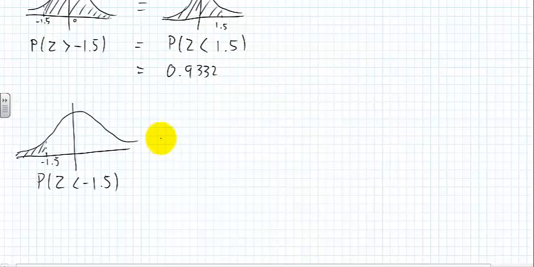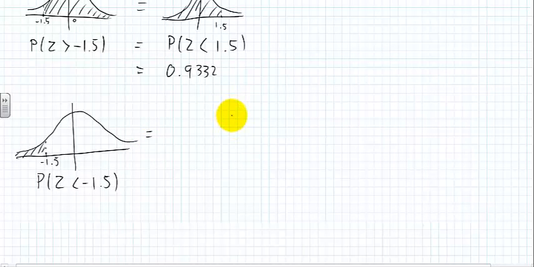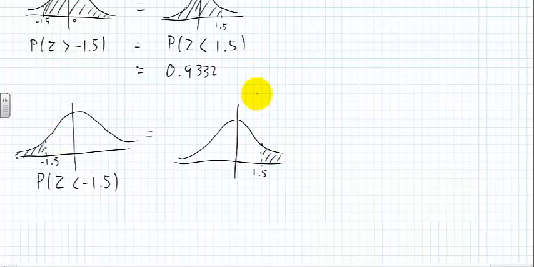To do this, we need to do it in two steps. First step, let's use the symmetry to reflect. So reflect the area. The probability of z being less than minus 1.5 is equal to the probability of z being bigger than plus 1.5.